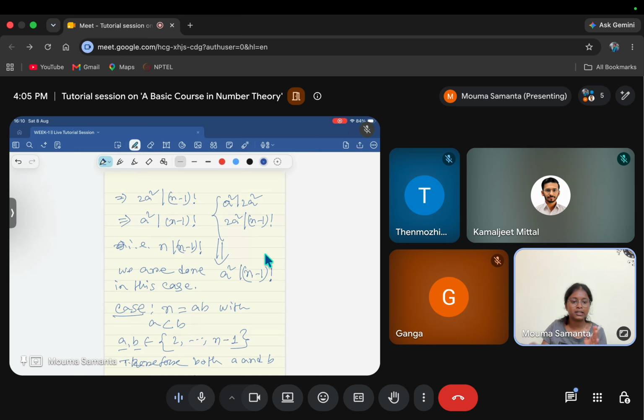Here we can consider two distinct A and B, and this distinct pair will appear in the product of 2 up to n minus 1.